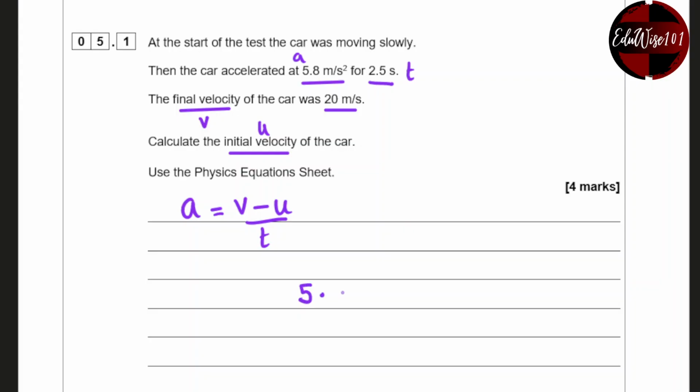Acceleration is 5.8 equals the final velocity is 20 minus the initial velocity U divided by the time, which is 2.5.